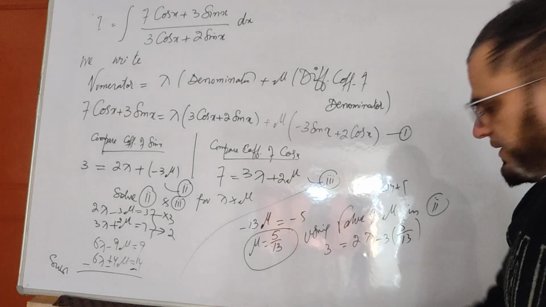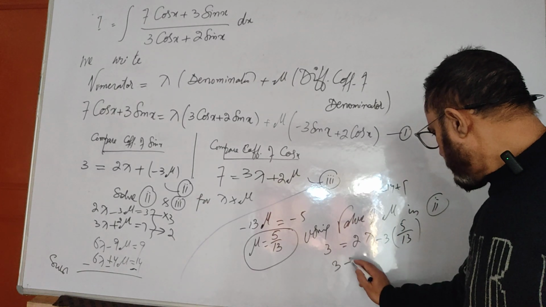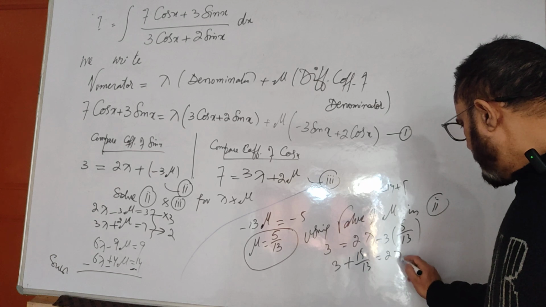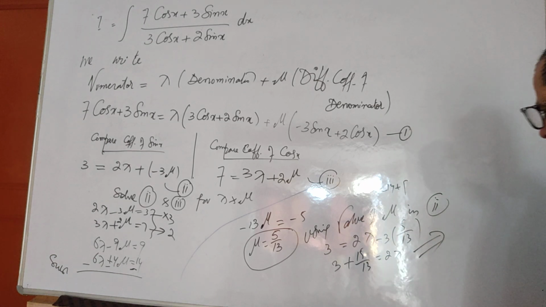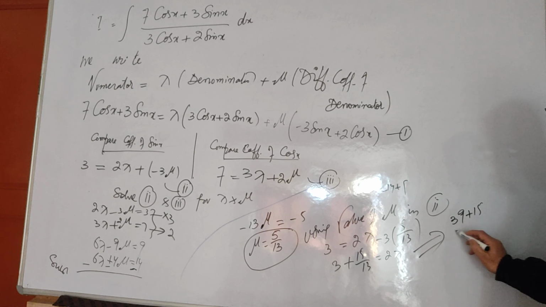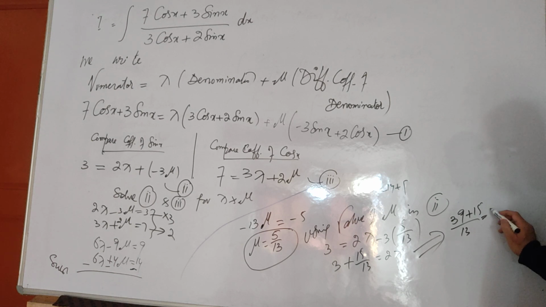Just to simplify this, this will be 3 plus 15 by 13 is equal to 2 lambda, which implies 39 plus 15 by 13 is equal to 2 lambda. Is it okay? Yes.